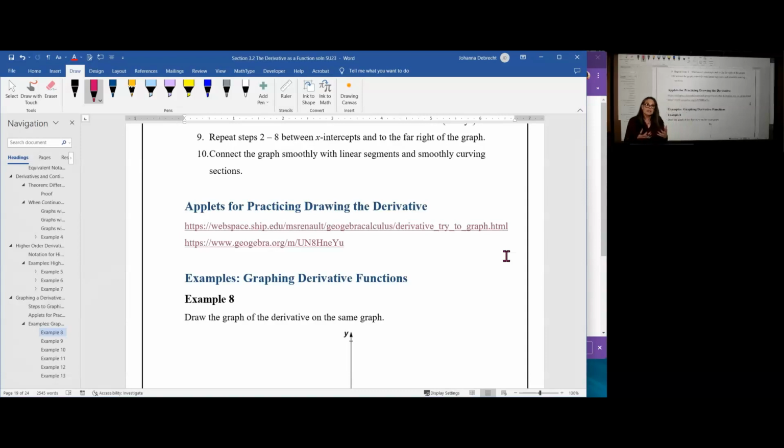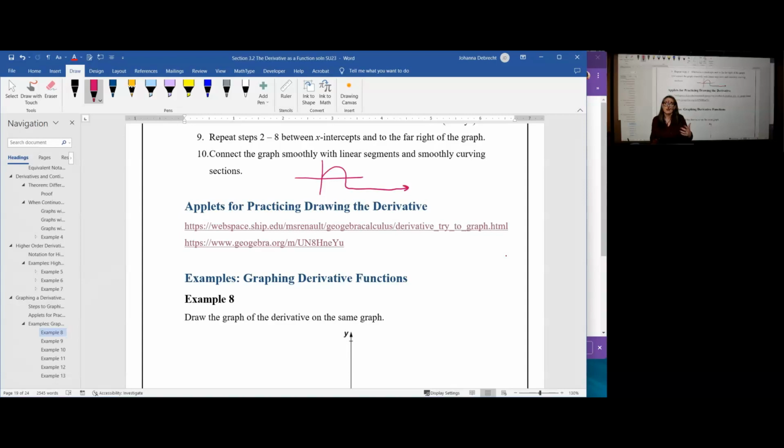Now, if we have a section of the graph where the graph goes linear, what happens to the derivative at that point? Let's consider this graph right here. In this section right here, it goes linear. In other words, a constant function.